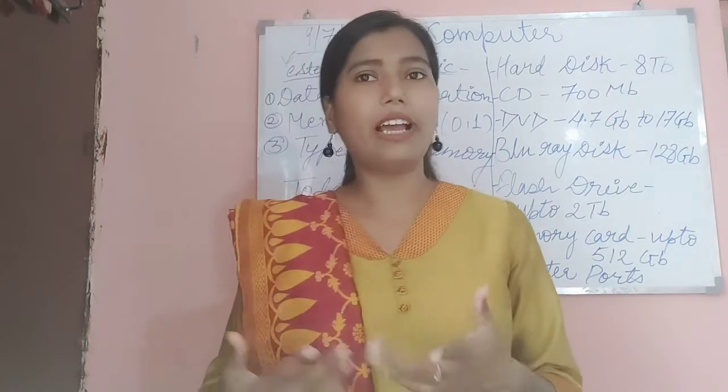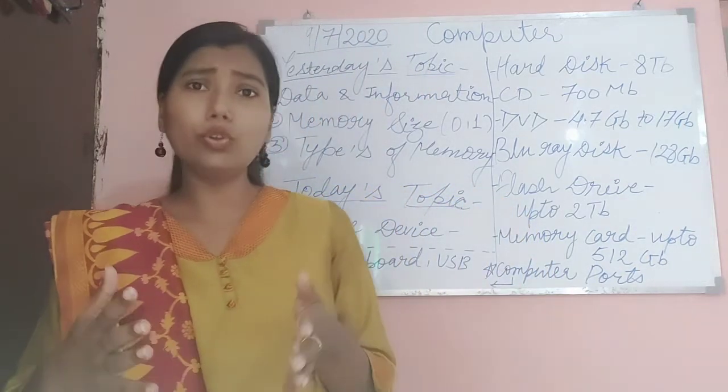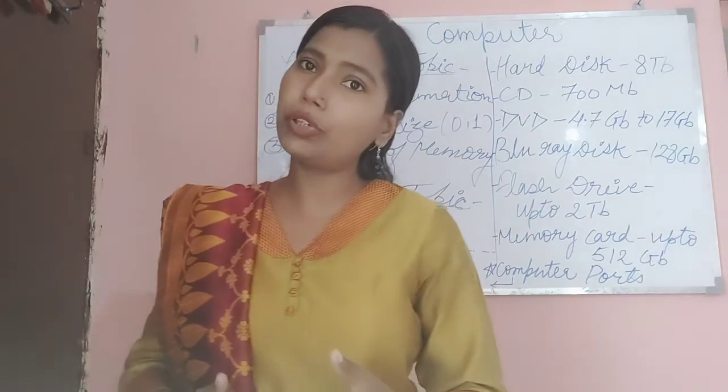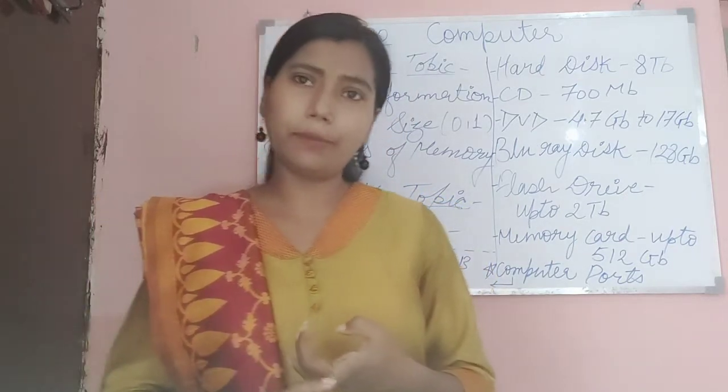Today I will give one more example. Let's say you want to have your report card. For generating a report card you need your roll number, your class, your section, your admission number, and so on.